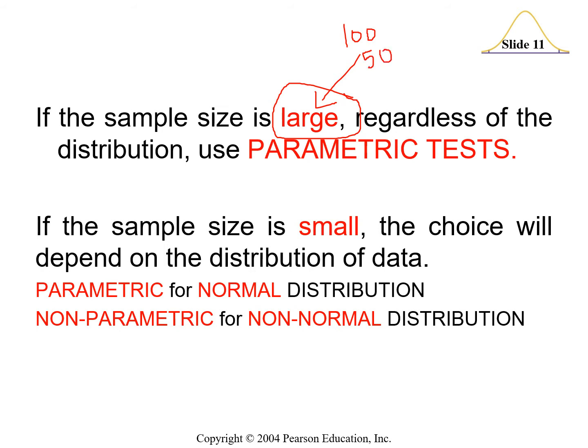There is no agreement about what is meant by large. Anyhow, we use a parametric test when having a large sample size regardless of the distribution, whether it is normal or not. If the sample size is small, the choice will depend on the distribution of the data: parametric for normal distribution, and non-parametric for non-normal distribution.